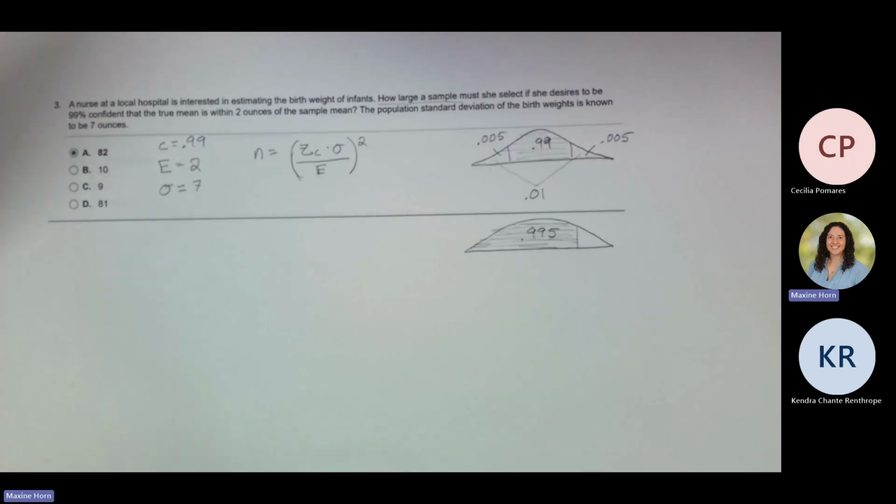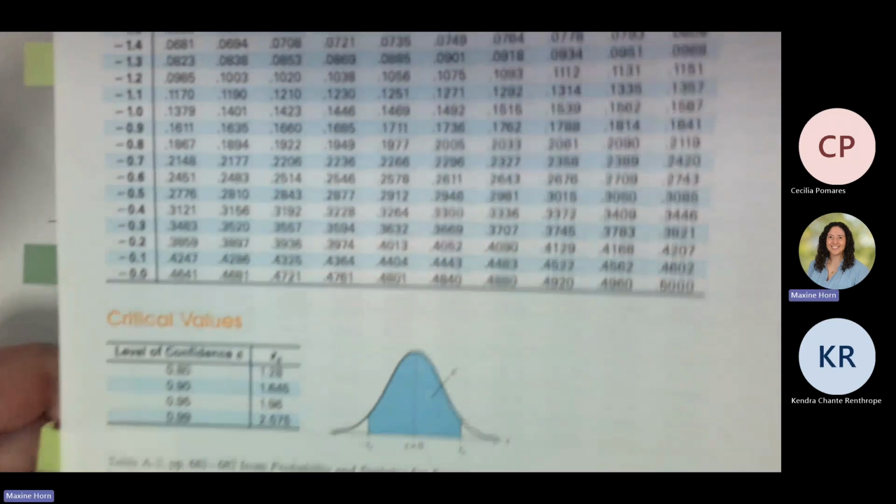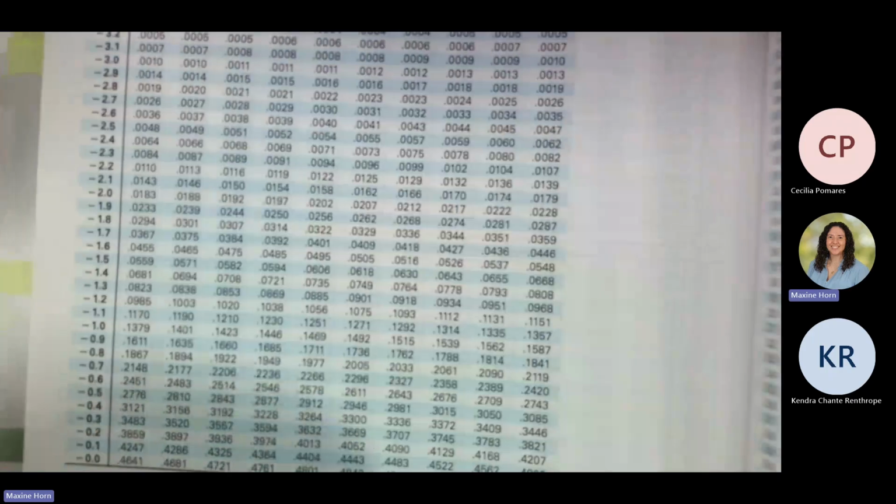We're going to show you how to look that up in the book two ways, and then how to find that in the calculator a couple of ways. In your book, in the appendix, I'm going to zoom out so that you can see the whole page for a second. Sorry, I don't have a lot of room on this desk.